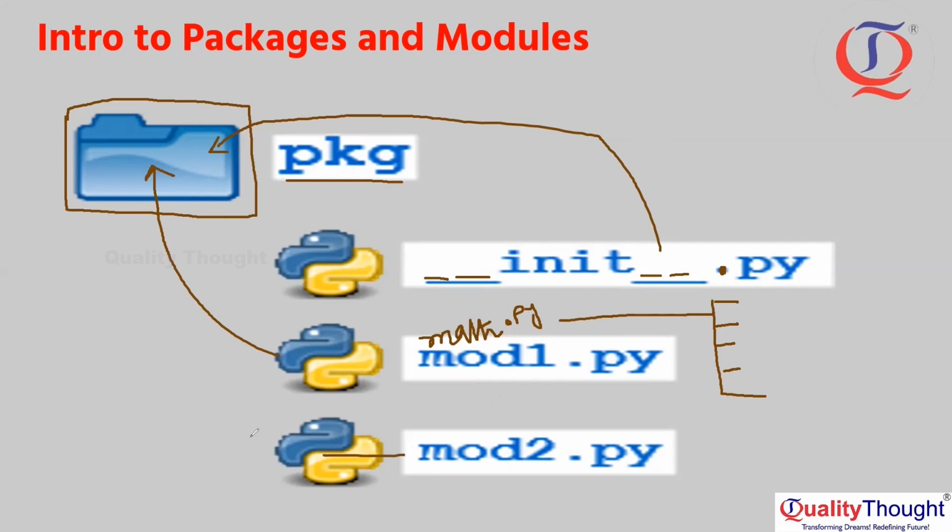Now similarly, this is another module. Module 2 is related to string.h. Here it is string.py. All string related functions are going to be written over here. What are the string related functions?